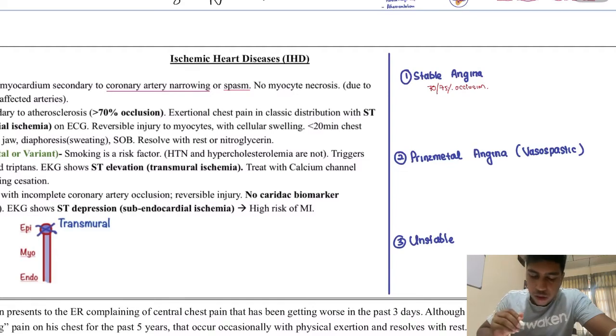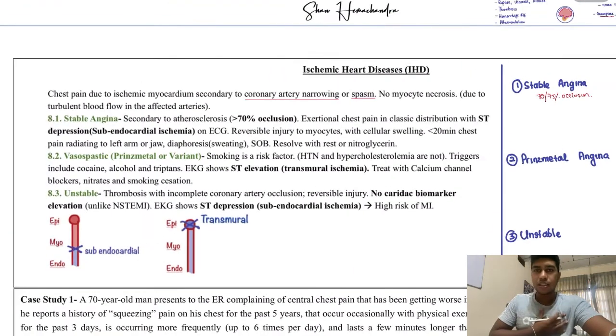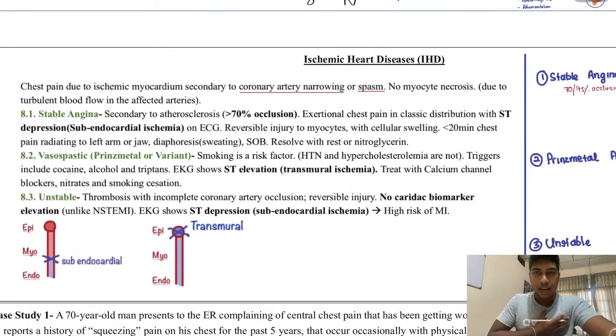This is called stable angina because you get the chest pain on exertion. That means when you're running up a flight of stairs or doing some sort of exercise, you get sudden chest pain. This is not just a normal chest pain which you can easily bear. It's really painful.